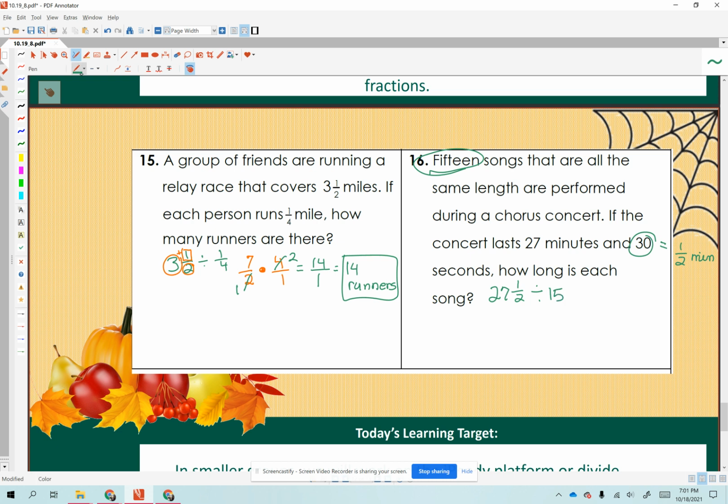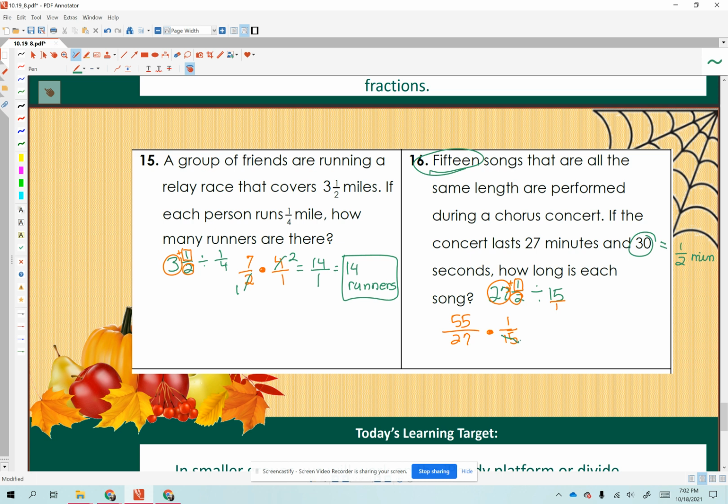So first we need to convert 27 1/2 to an improper fraction. 27 times 2 is 54, plus the 1 in the numerator is 55 over 27 times, it would be 15 over 1, but we're going to make it 1 over 15 because we need to invert that. Now the 1 and the 27, there's nothing we can do to simplify that, but the 15 and the 55 are both divisible by 5.